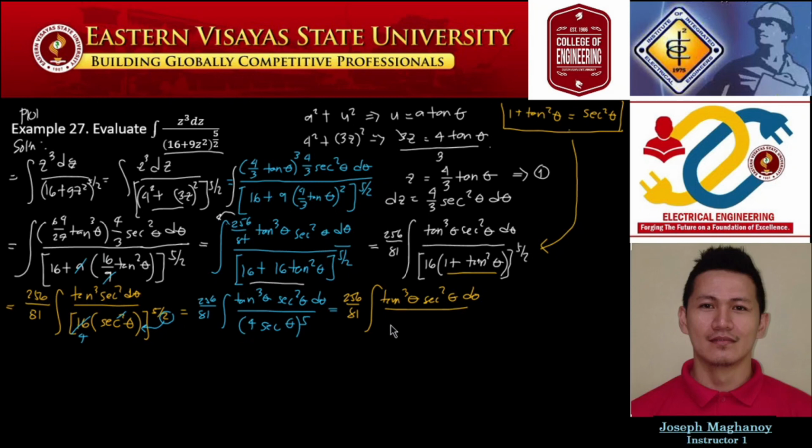So 4 raised to 5, that is 1024 secant raised to 5 theta. We further simplify. So we carry 1024 outside the integrand. So that is 256/81 times 1 over 1024, and copy the remaining.